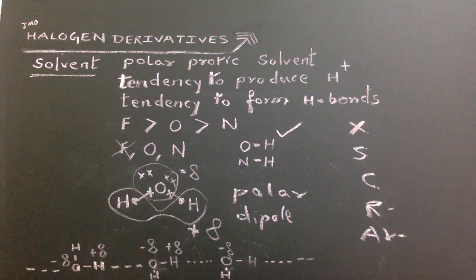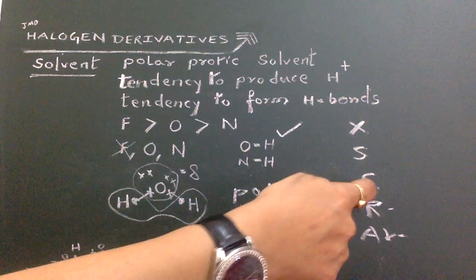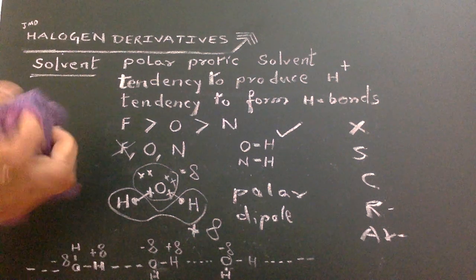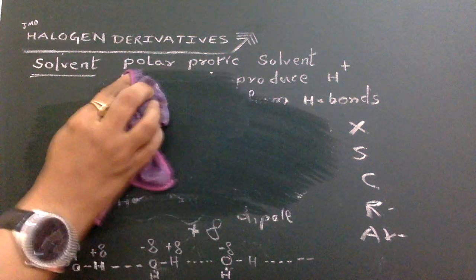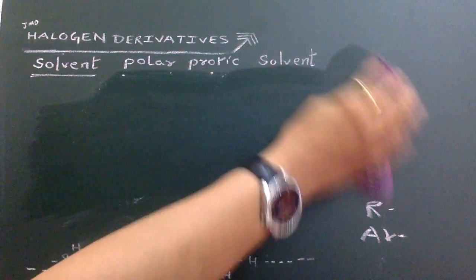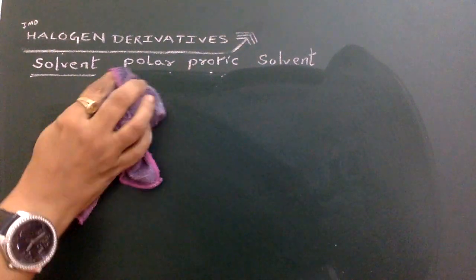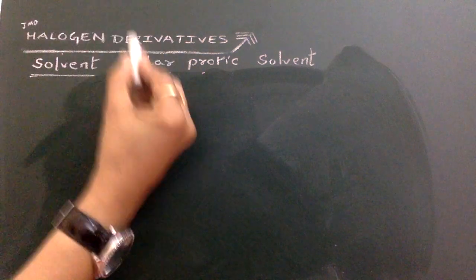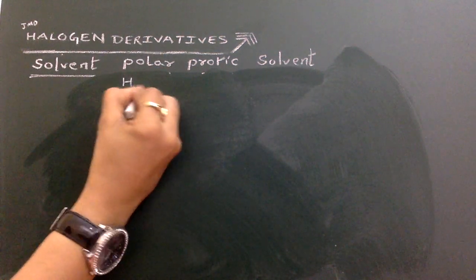Once again I repeat, a polar protic solvent is a solvent which has hydrogen directly bonded to oxygen or nitrogen, but not to sulfur, carbon, alkyl or aryl. And hence I can say good polar protic solvents. We just saw why water is polar. So students, a good polar protic solvent is water, is ammonia.